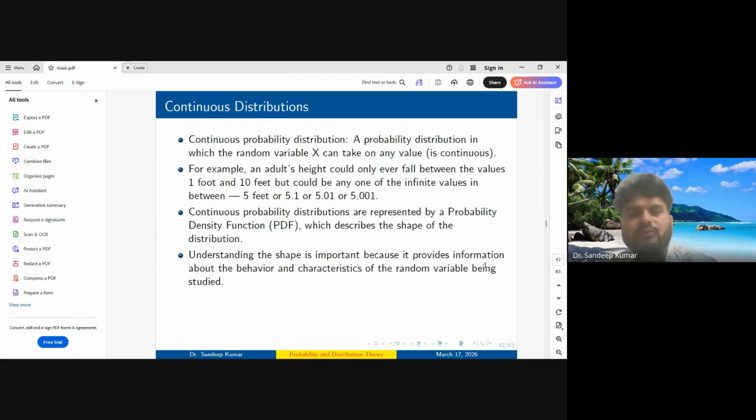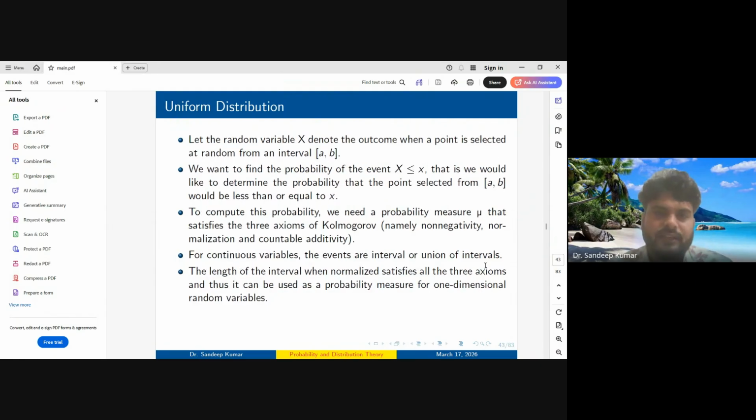Continuous probability distributions are represented by a probability density function, PDF, which describes the shape of the distribution. Understanding the shape is important because it provides information about the behavior and characteristics of the random variable being studied. Okay, so the uniform distribution is a type of continuous distribution.